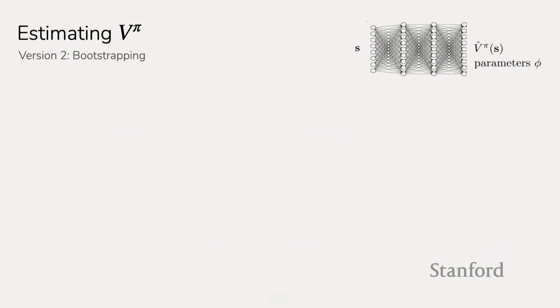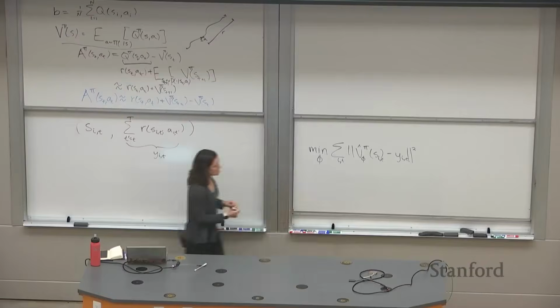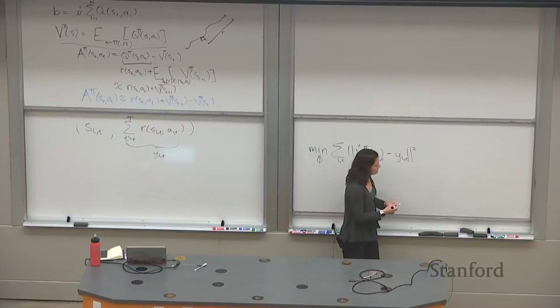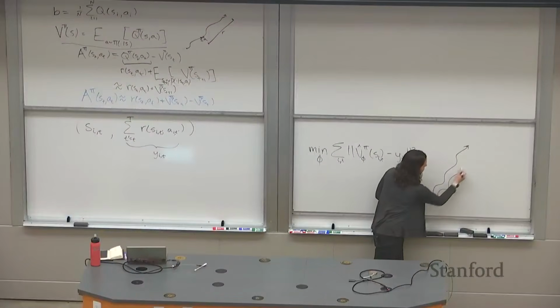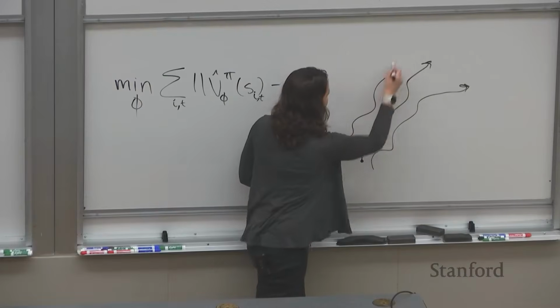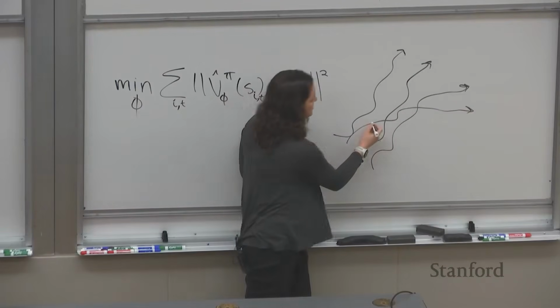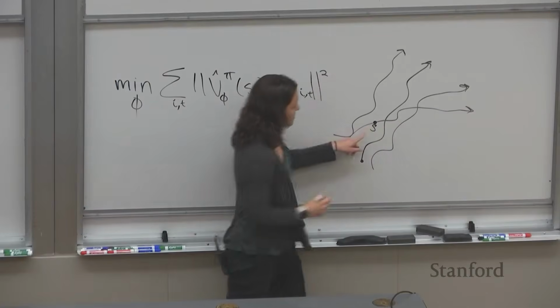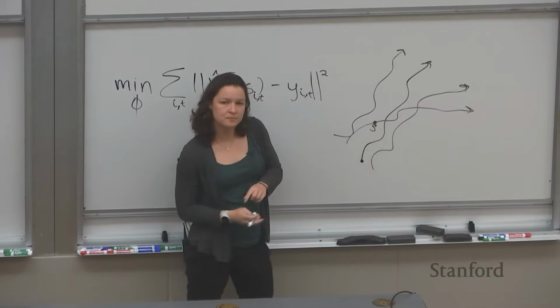Now, there's actually an approach that's better than this. In particular, when we think about these sum of rewards, maybe it's helpful to draw a picture. We have a bunch of trajectories that we have sampled. When we have a state right here, we are summing the rewards here as the value.